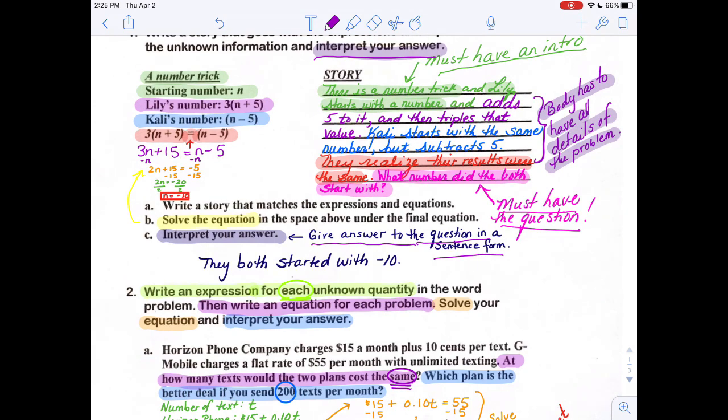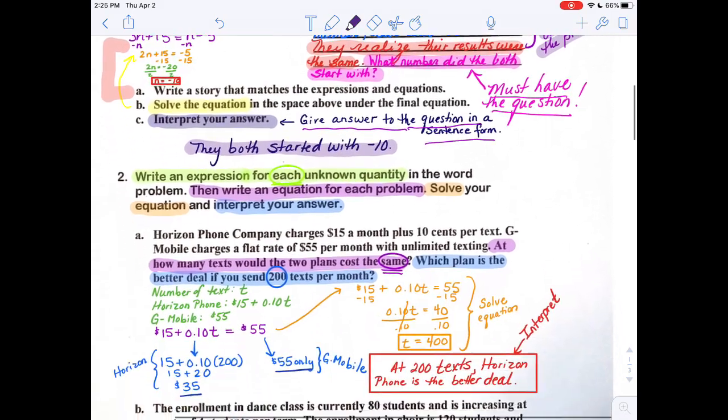So once you go ahead and solve the equation, which you can see I did right here, solved it all right here, then I got my answer of -10, but what they're asking for is they want you to then go ahead and give me the answer with a sentence. So they both started with -10. Again, it's a story problem, so we're going to answer it with that English sentence.